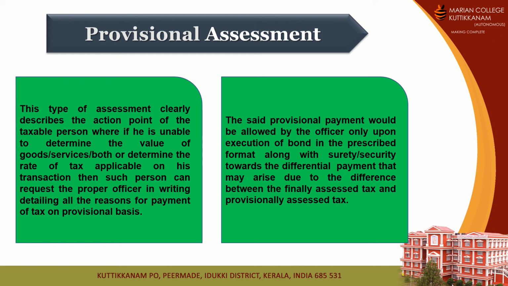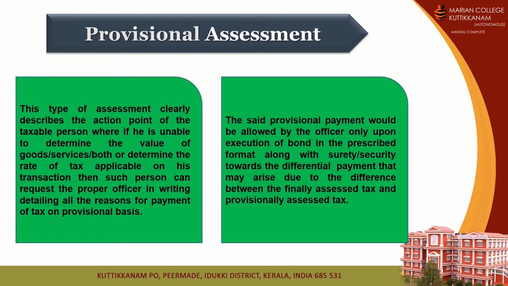So there should be an execution of bond in the prescribed format along with surety or security towards the differential payment. Only if this condition is satisfied does the proper officer allow him to pay the tax on a provisional basis. This bond or surety is intended to make the taxable person liable for payment of the difference between the amount of tax finally assessed and the amount of tax provisionally assessed.